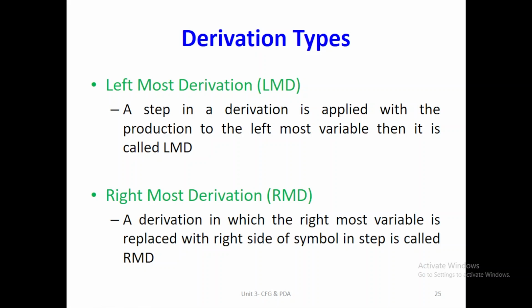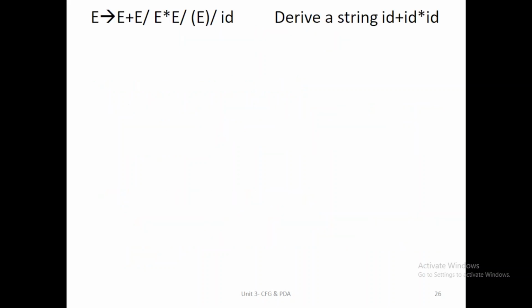So let us take a problem, then you will be able to understand the difference between LMD and RMD. Let us take a grammar: E implies E plus E, E star E, open parenthesis E close parenthesis, ID.